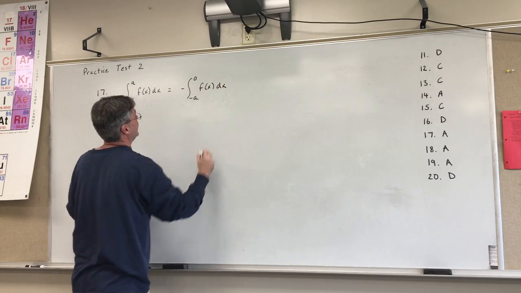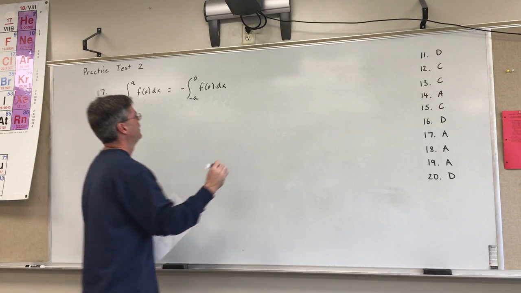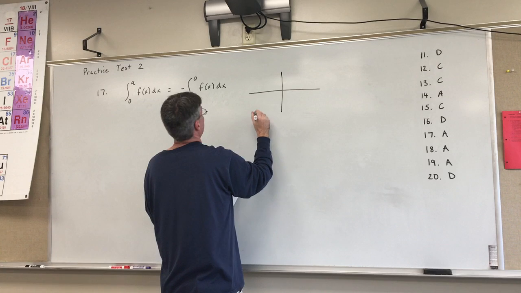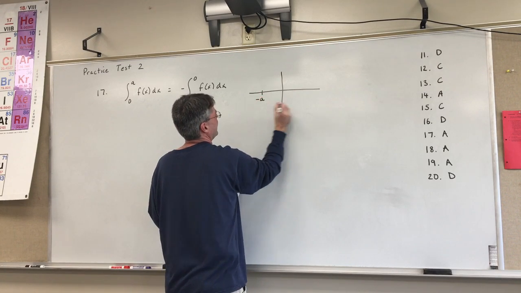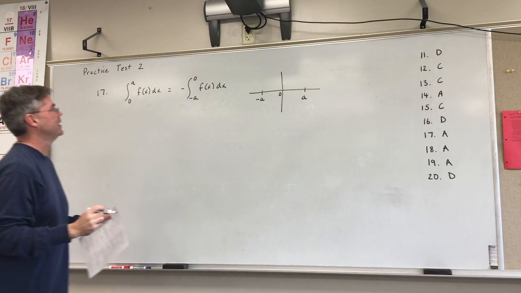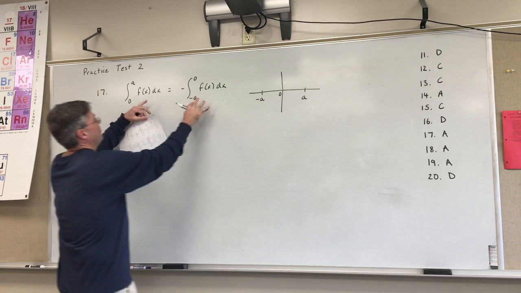What that's saying is that if we were to graph this and we go -a, 0, and a, the left and right sides are symmetric.